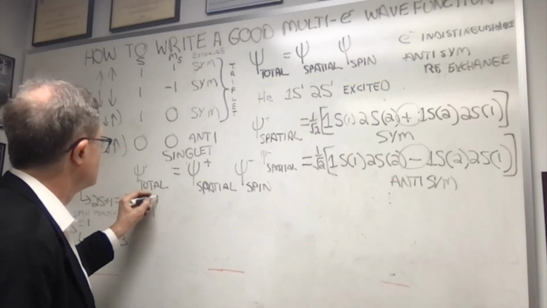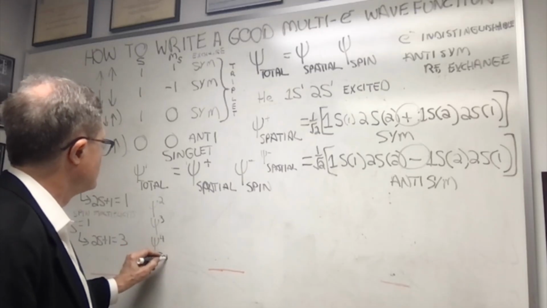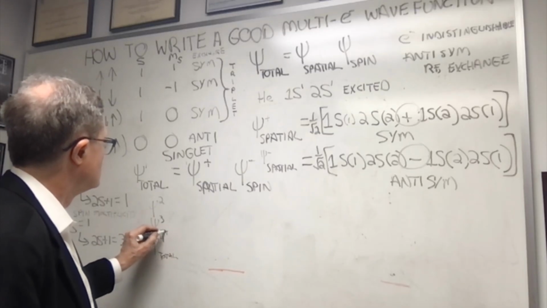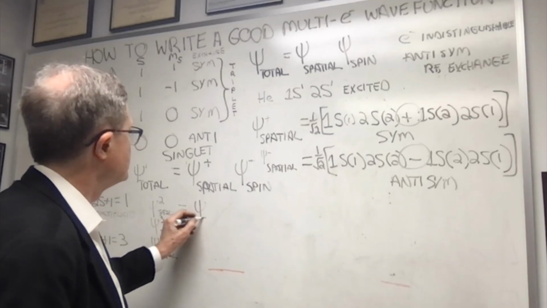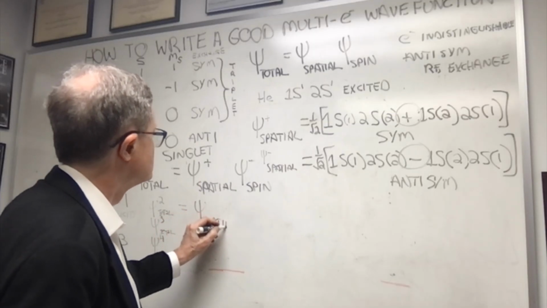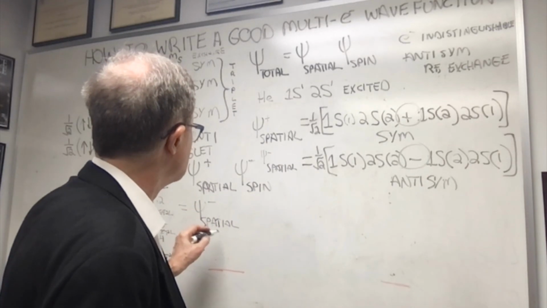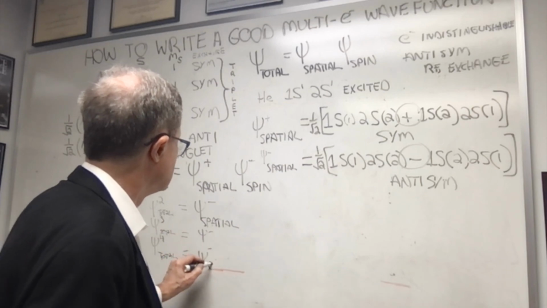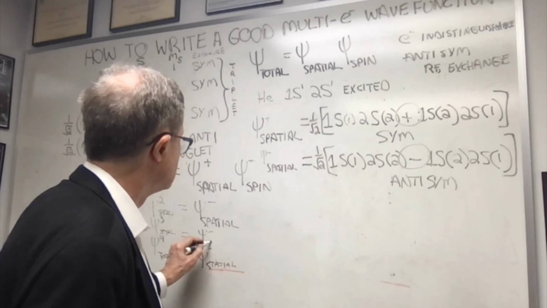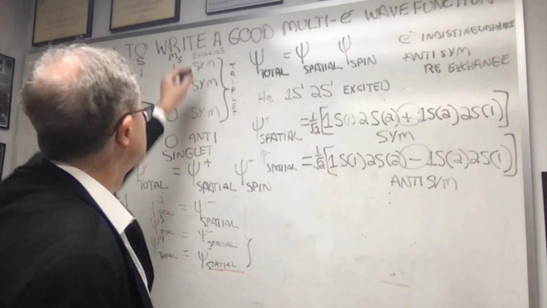Then there are 3 ways to write total wave functions that are a combination of a spatial part that was antisymmetric with the appropriate spin part. We've got to multiply these by the appropriate spin part.